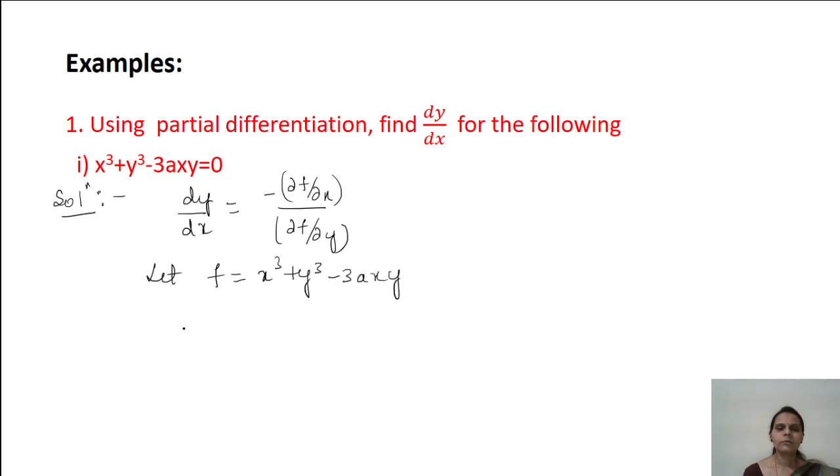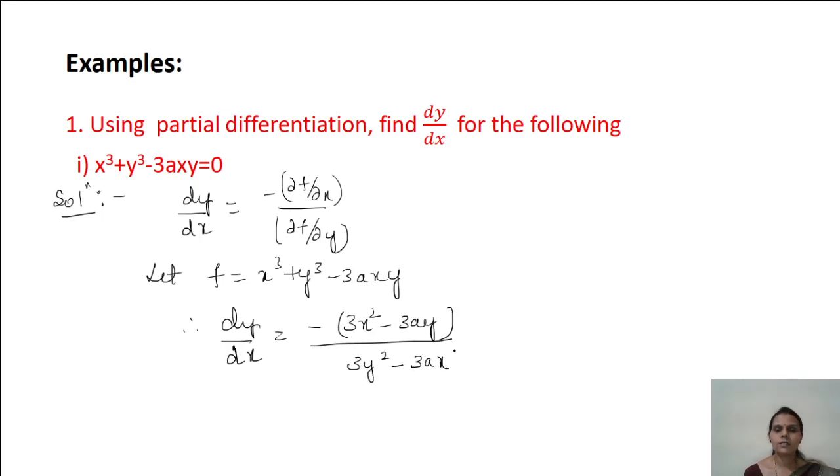So therefore dy/dx becomes −(3x² − 3ay)/(3y² − 3ax). This is the differentiation of the given implicit function.